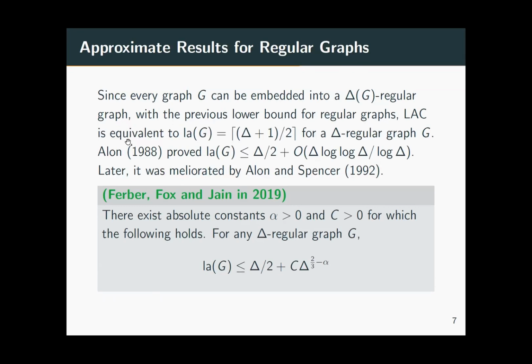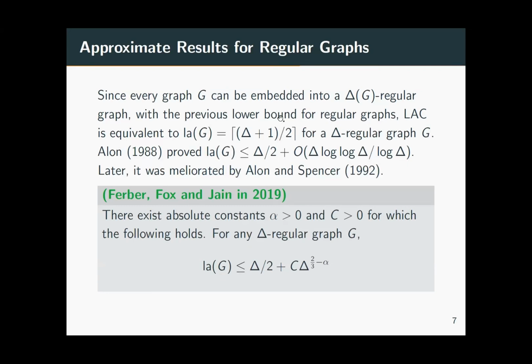And in 1988, Alon proved with the probabilistic method that the linear arboricity of a graph is less than delta over 2 plus big O of delta log delta over log delta.